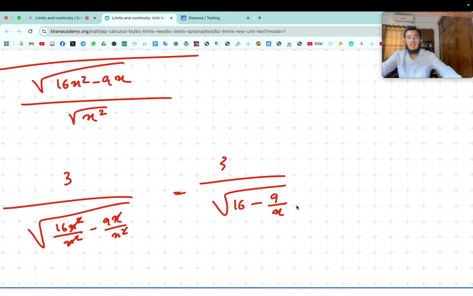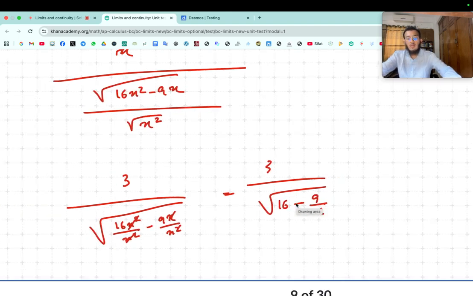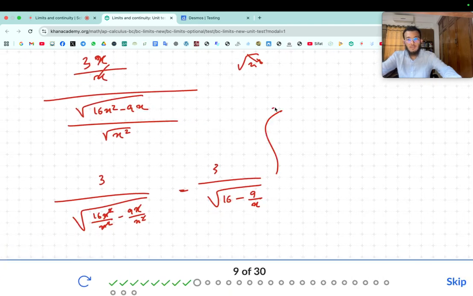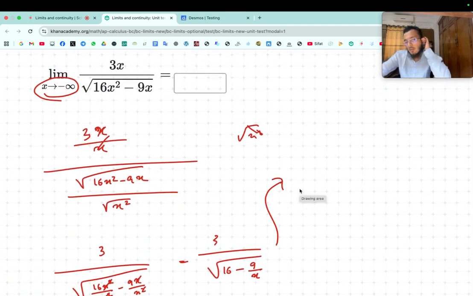Now we can plug in negative infinity here. We can't get rid of the root yet because there's a minus sign here.